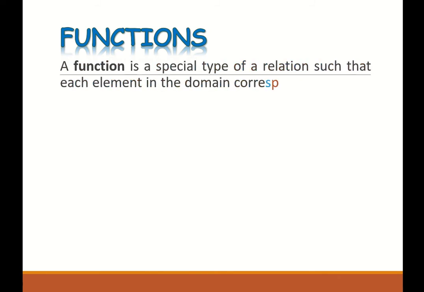A function is a special type of relation such that each element in the domain corresponds to exactly one element in the range. So each element in the domain, meaning the x values, corresponds to exactly one element in the range. If that condition is satisfied, then we can consider the relation as a function.